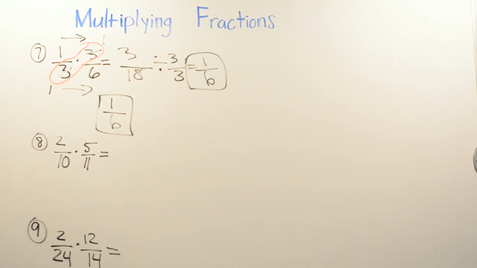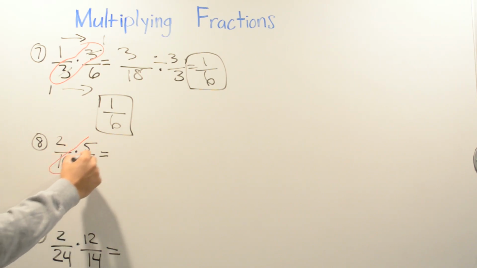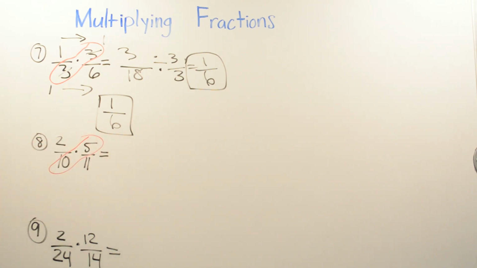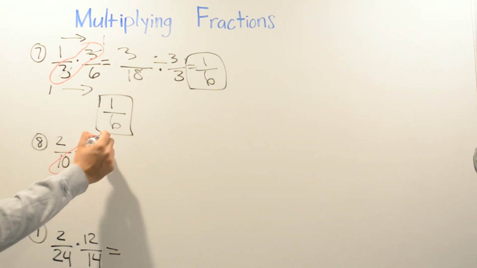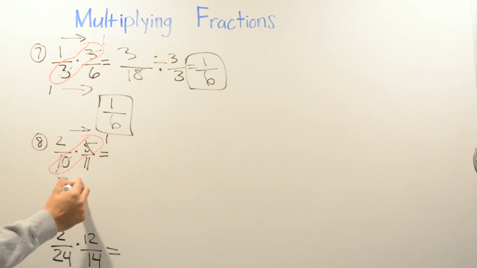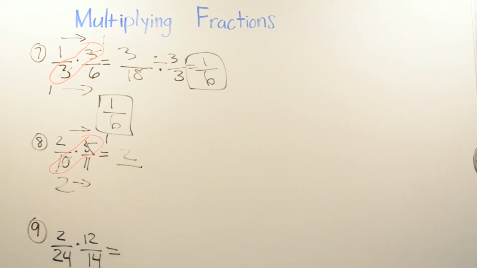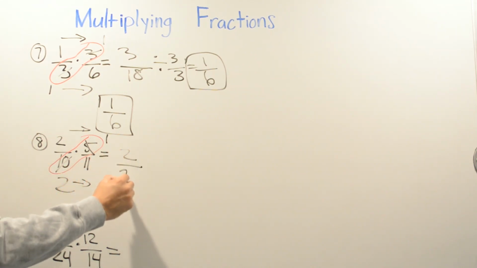For number 8, same thing, 2 tens times 5 elevenths. I'm going to go ahead and simplify because I know right away I can simplify 5 and 10. I know that the greatest common factor for 5 and 10 is going to be 5. So I know 5 goes into 5 one time, and then 5 goes into 10 2 times. And then I'm just going to go ahead and multiply across, or straight. 2 times 1 is 2, and 2 times 11 is 22.